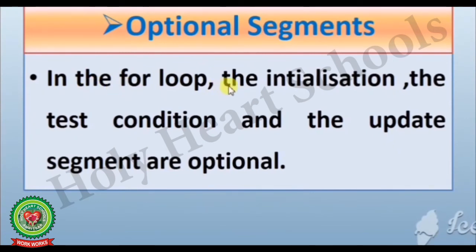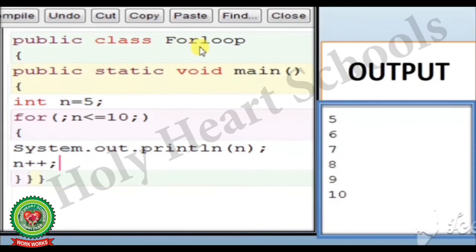In the for loop, the initialization, the test condition and the update segment are optional. That means you can create the for loop without any or all of these segments. See the code. Public class for loop, public static void main, curly bracket start, int n is equal to 5, semicolon, for, round bracket start, semicolon.